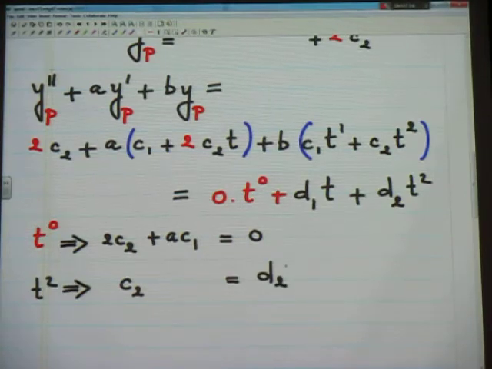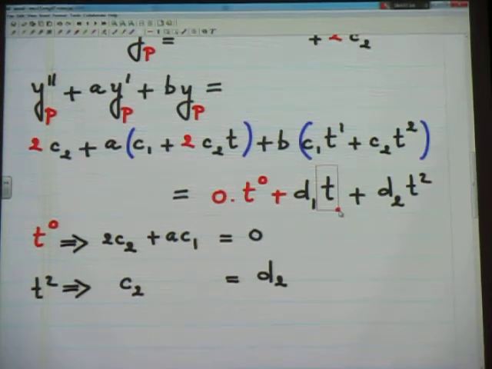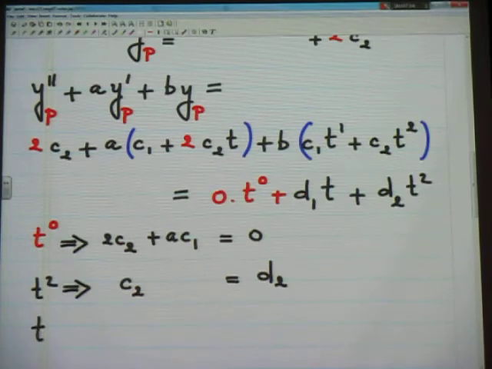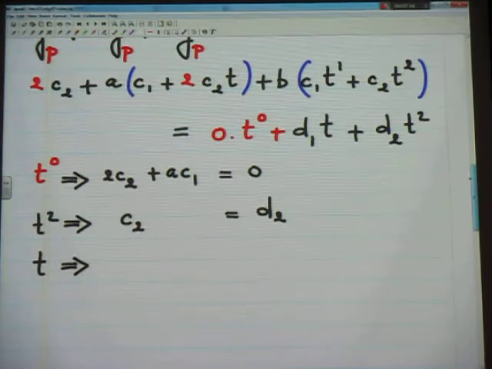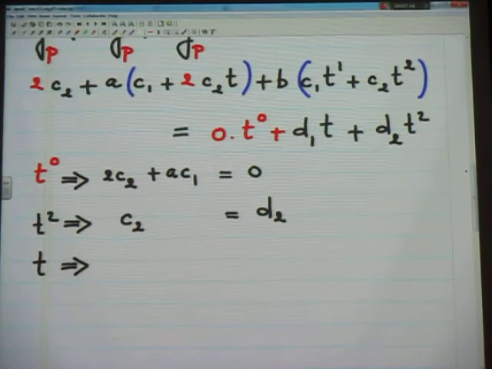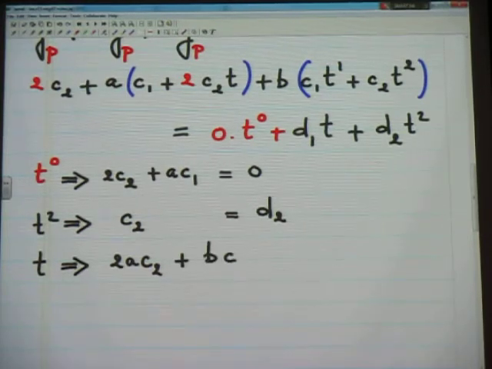Okay, and then for the t term, you have 2c2, 2ac2, and then plus bc1, right? This term here equal to d1.